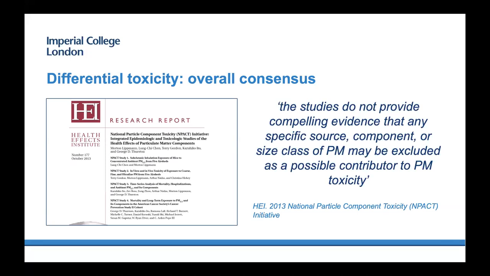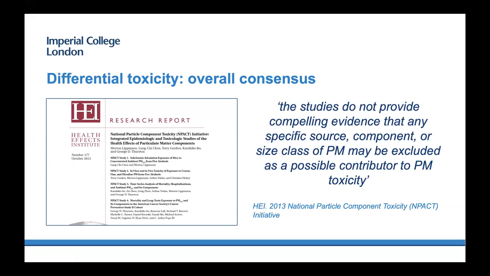For example, the ambitious US impact studies that used coordinated toxicology, epidemiology, and exposure research to examine and compare the toxicity of PM components, gases, and sources concluded that the studies do not provide compelling evidence that any specific source, component, or size class of PM may be excluded as a possible contributor to PM toxicity.